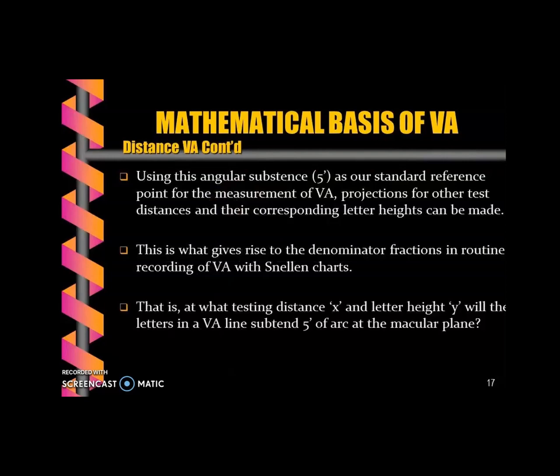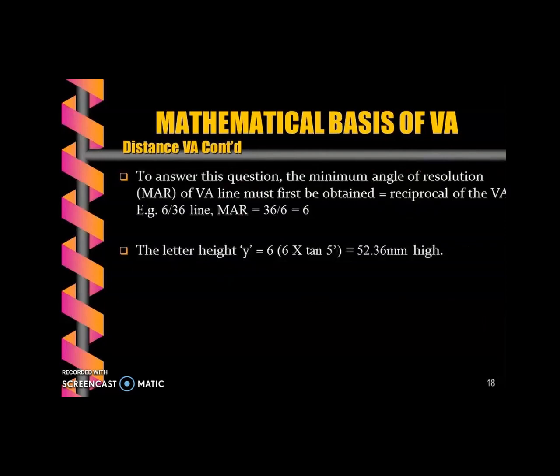That is, at what testing distance x and letter height y will the letters in a VA line subtend 5 minutes of arc at the macular plane. To answer this question, just like we solved before, the minimum angle of resolution, which is MAR, of that VA line must first be obtained, and this can be gotten by the reciprocal of the VA line.